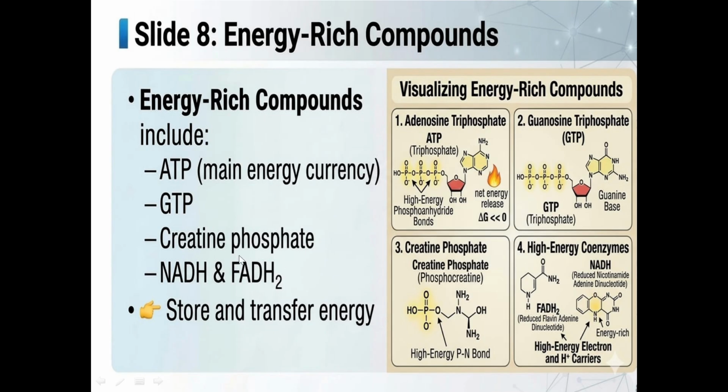These are also energy-rich molecules which are converted later in the electron transport chain into ATP for further reactions. They store and transfer energy to the next molecules in the next steps of the energy flow.